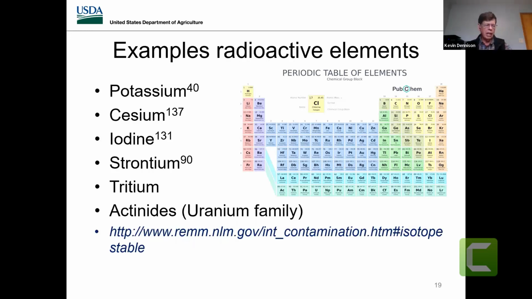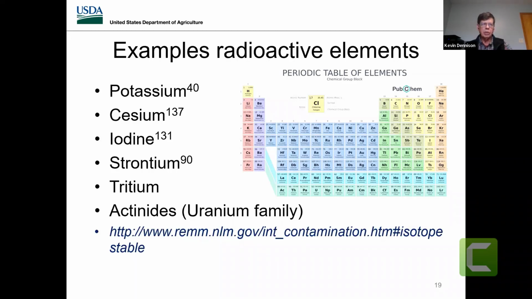Okay, so most of you probably are thinking, man, I haven't seen a periodic table of the elements for a long time. But when dealing with radiological incidents, this is actually an important tool to get an idea of what radionuclides are present and how they behave chemically as far as health impacts.